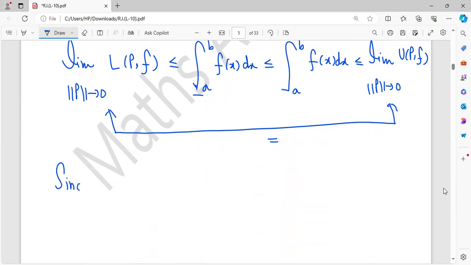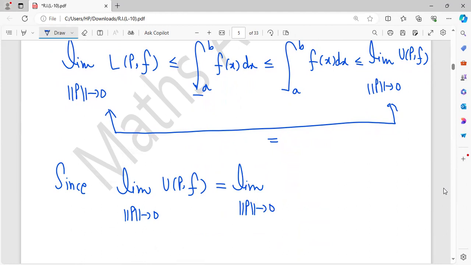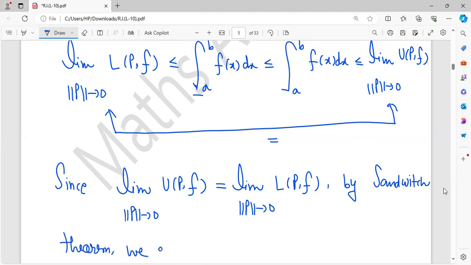Since limit norm P tending to 0 of U(P,f) is equal to limit norm P tending to 0 of L(P,f), by the sandwich theorem we get, because the last two are equal, the inner things will also be equal.